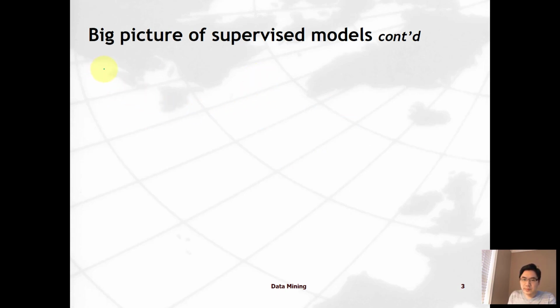Okay, so let me put the 5 models that I discussed in the previous slides. So we have linear-based model. We have the distance-based model, which is k-nearest neighbor. We have the tree-based model, and we have the neural network, and we have the deep neural network model.